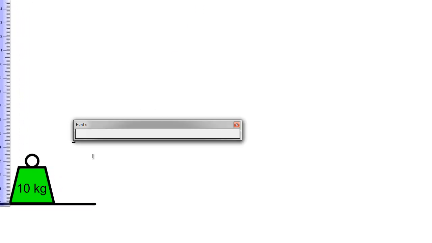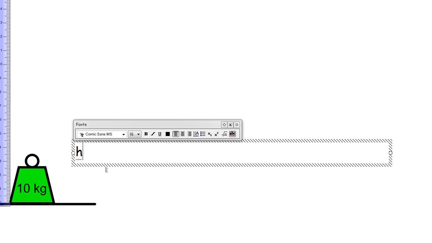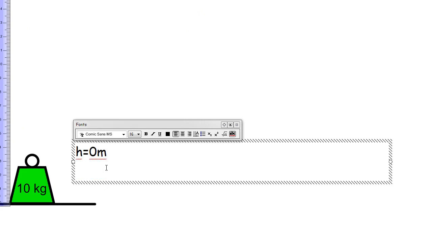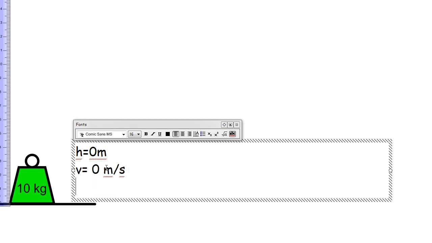Initially, at this location, it has a height equal to 0, which means that it has zero potential energy. It also has a velocity, because it's stationary, equal to 0 meters per second, which means its kinetic energy is 0, and so its total mechanical energy at this location is equal to 0 joules.